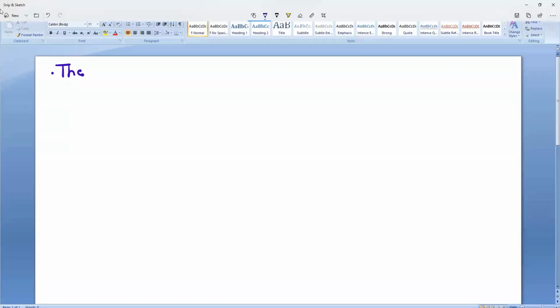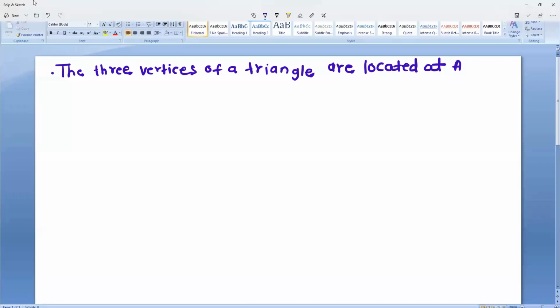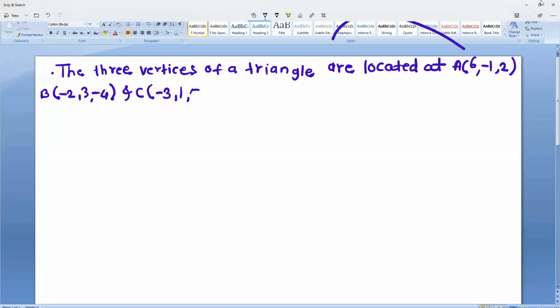Because many students were absent, the 3 vertices of a triangle are located at A of 6, -1, 2, B of -2, 3, -4 and C of -3, 1, 5.